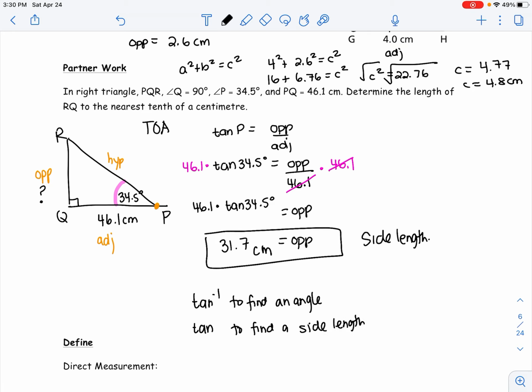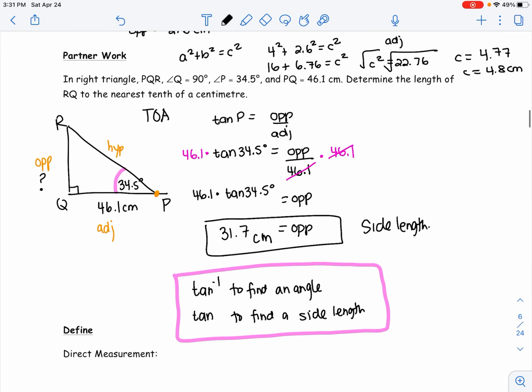As you can see, in no steps above did I use that tan inverse button that I did yesterday, because in this case I'm trying to find a side length. So always ask yourself, are you trying to find a side length or an angle? If you want to find an angle, that's when you have to use the tan inverse button. So that's a little hint to make sure that you use the right tan button. So our answer is 31.7 to the nearest tenth, so make sure you round correctly.